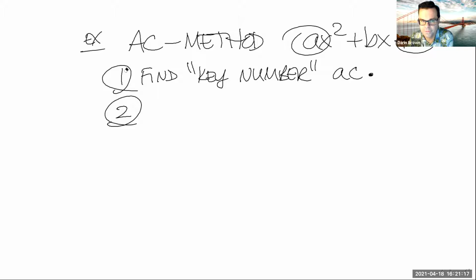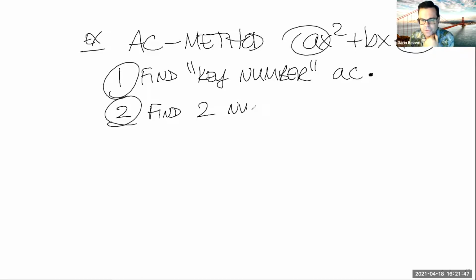Now, I do the AC method even a little bit different than some people. I explain it a little bit different. A lot of people would say you try and find two numbers that multiply to AC and add to B, and then you have to keep track of the plus and minus signs, the signed numbers. Find two signed numbers, plus minus numbers. I think it's easier to do the following.